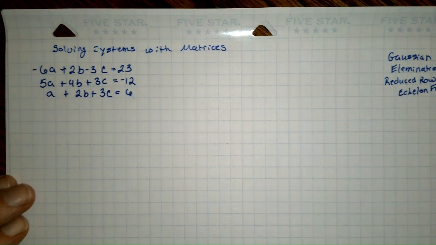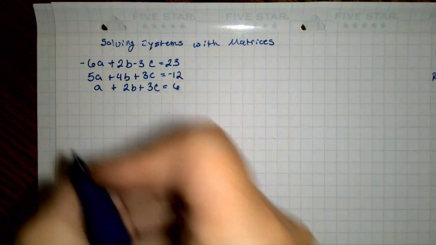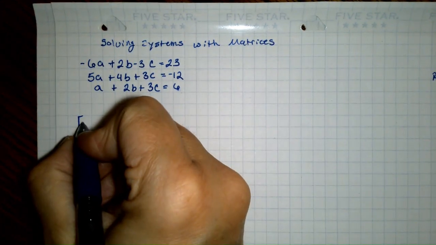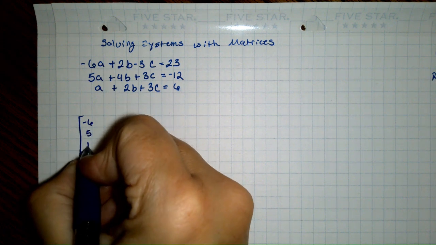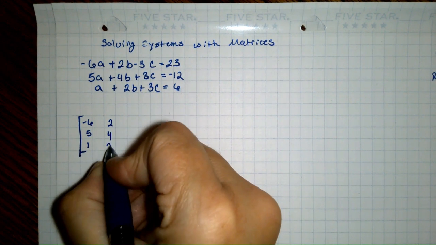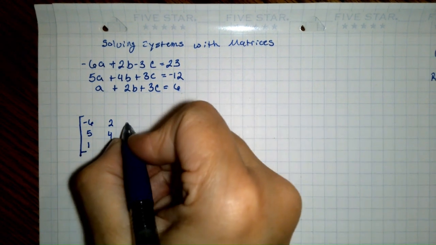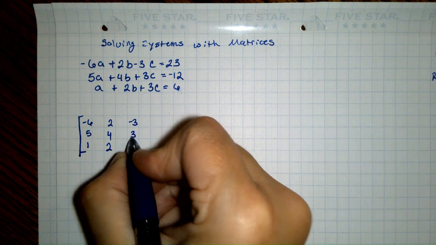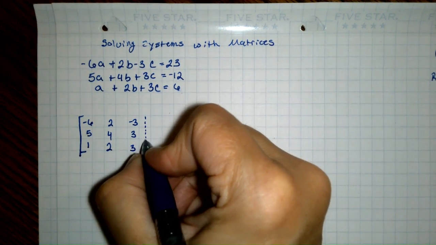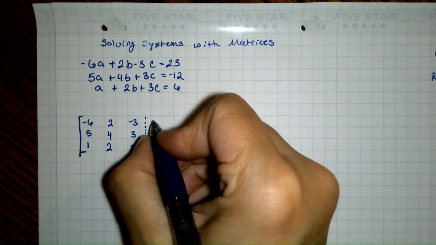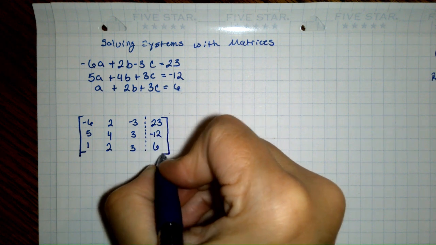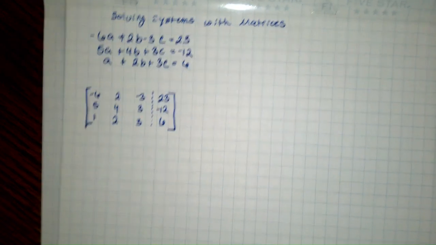So our first step is obviously going to be making the matrix. So -6, 5, 1, that was our A's. 2, 4, 2, that was our B's. -3, 3, 3, that was our C's. Then we'll get 23, -12, 6. So there are some options that you have here.